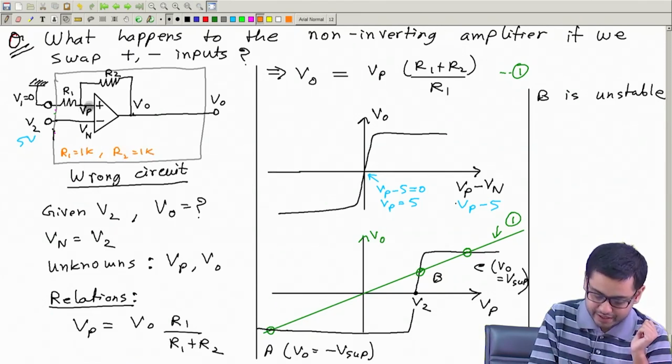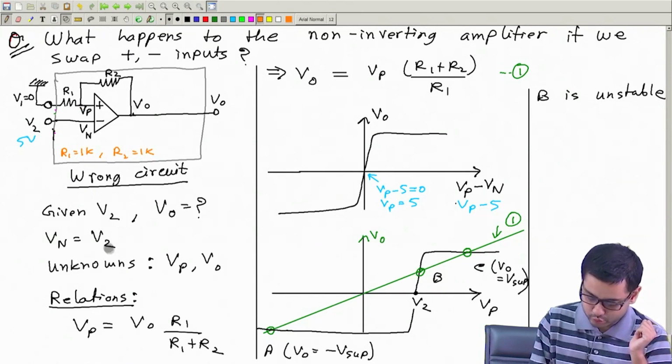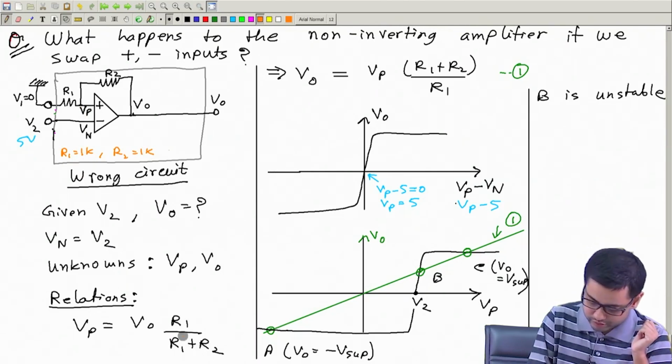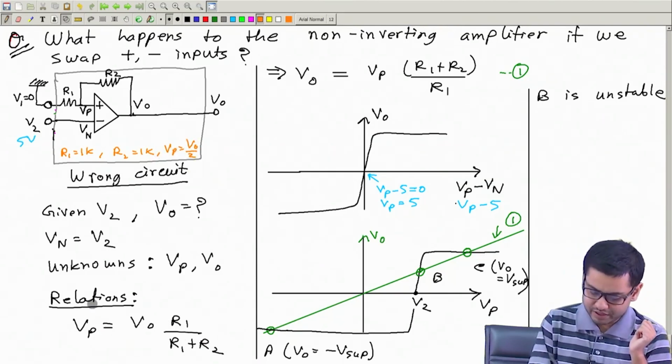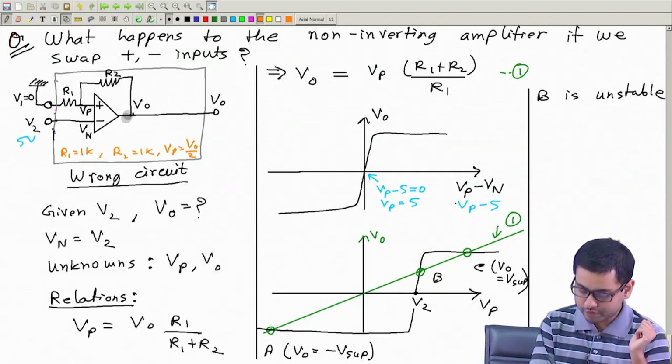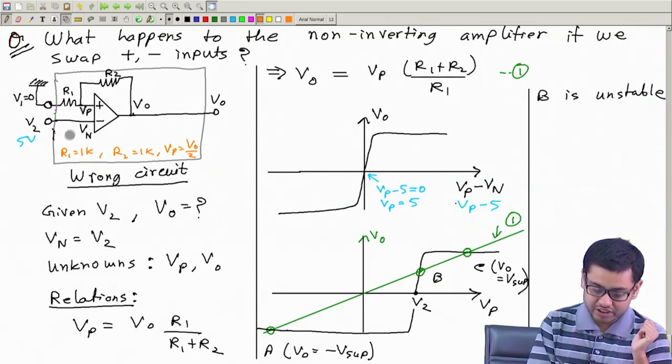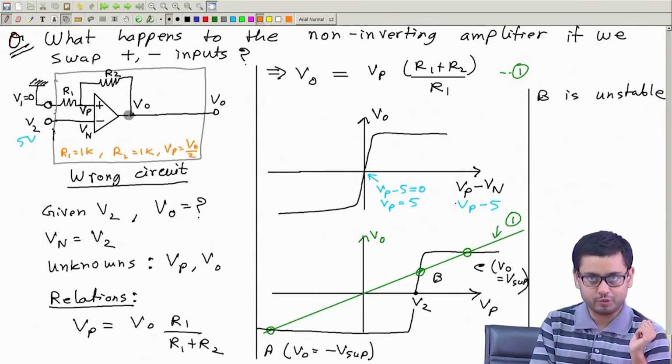This implies Vp is equal to VO by 2. Start with the assumption that VO is plus 15 volt. Then Vp will be 7.5 volt, which is greater than Vn. So we will stay at the positive output.